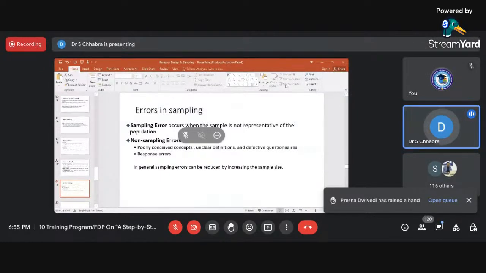So what I'm trying to tell you is that at times you pick up a wrong sample, or you're not very clear about whom you should be talking to. That is where you have a sampling error, and God save you from defective questionnaires. At times the questionnaires won't lead you anywhere.